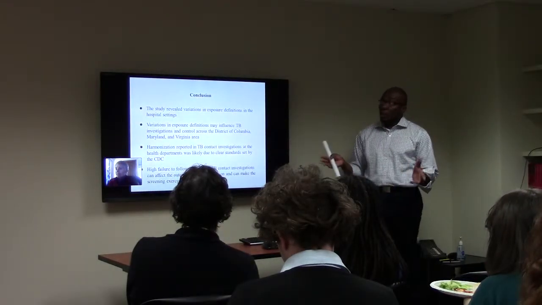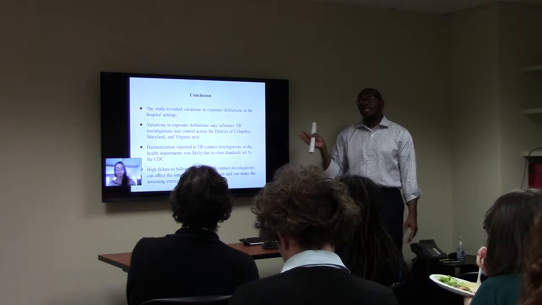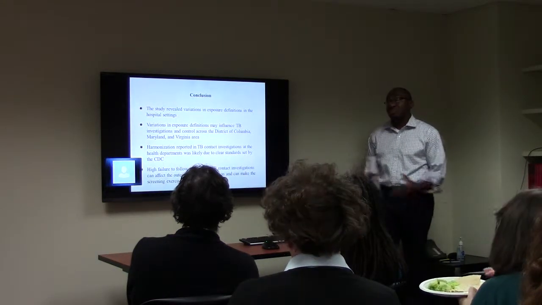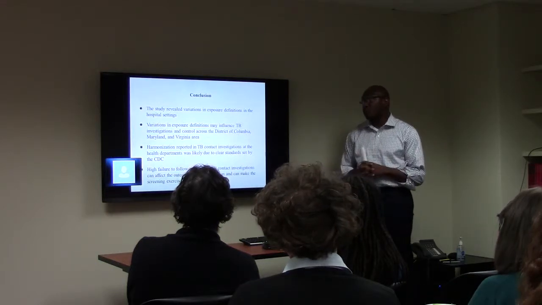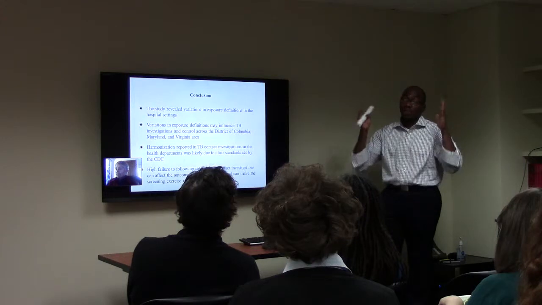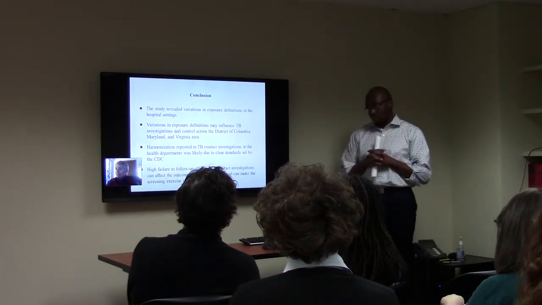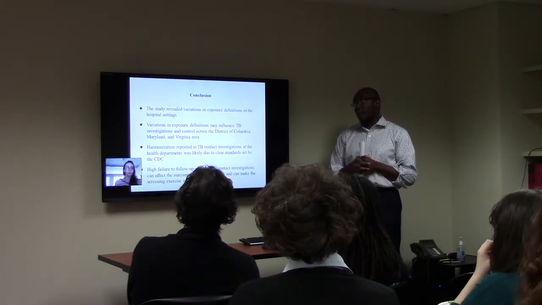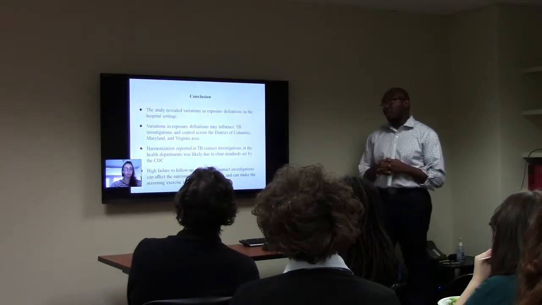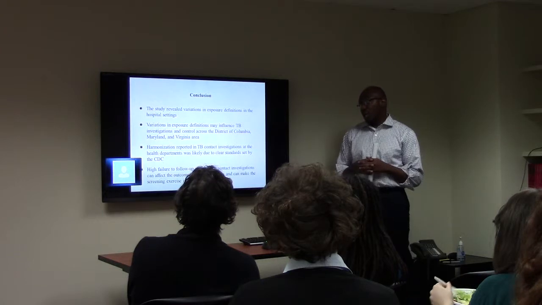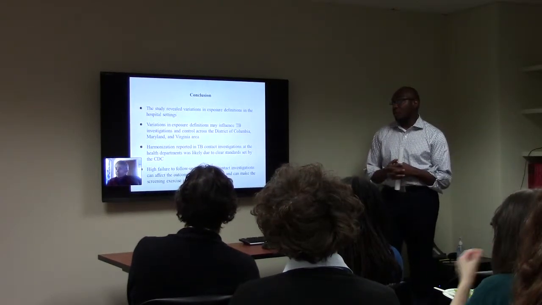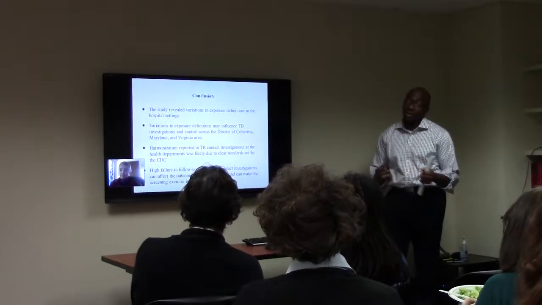And the harmonization reported in the counties during their TB contact investigation was likely due to the clear standards the CDC set down, because they followed the standards of the CDC for exposure definition. And the high failure to follow up rates for TB contact investigation may affect the results of any screening exercise.